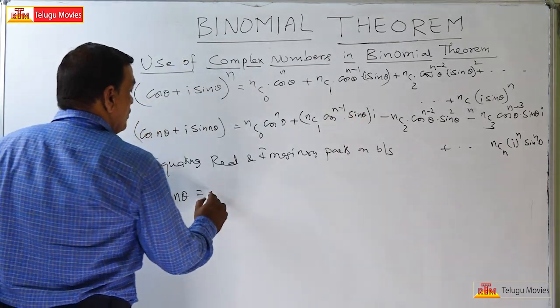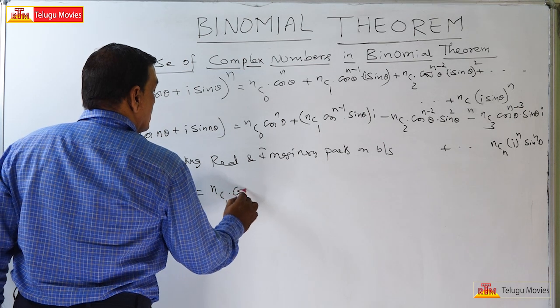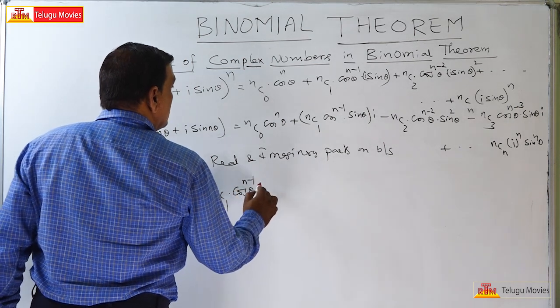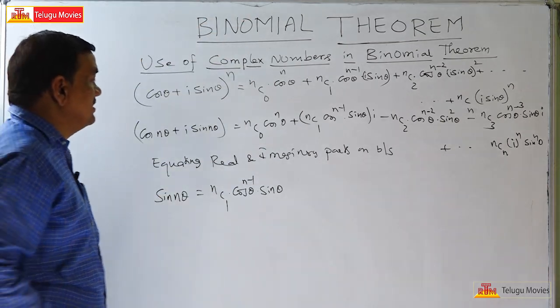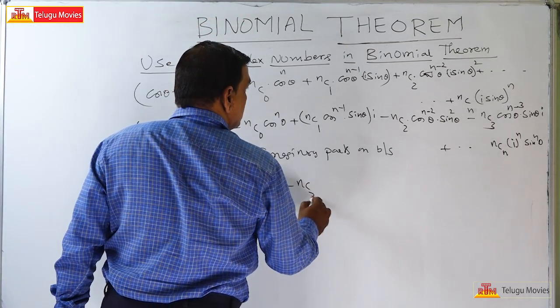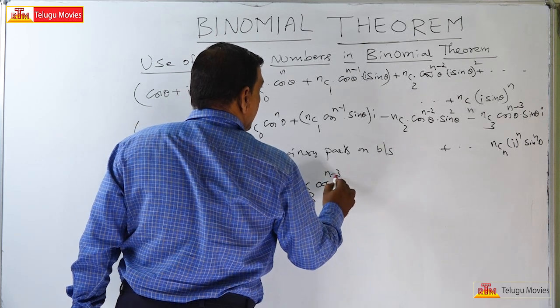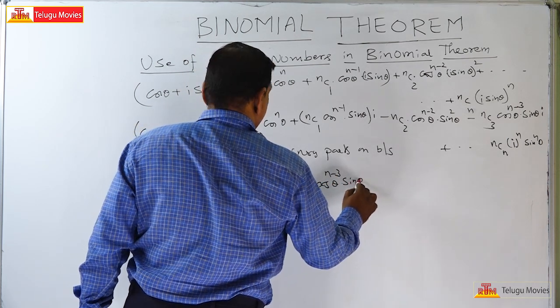So sin n theta is equal to nC1 cos to the power of n minus 1 theta into sin theta. Next imaginary part is minus nC3 cos to the power of n minus 3 theta into sin cube theta.